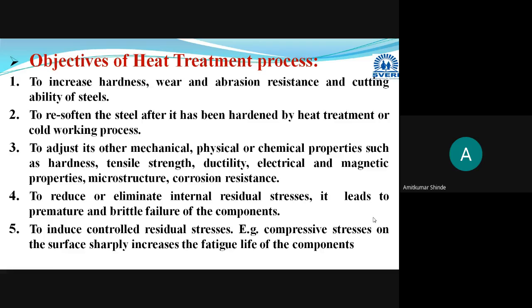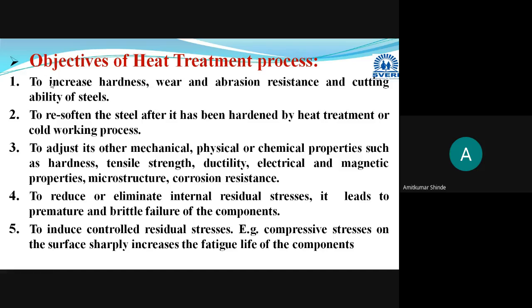Now, the first objective: sometimes we want to increase, suppose for a particular application you require better hardness, wear resistance, and corrosion resistance in that particular steel material. Then you can improve it by performing a definite heat treatment process. Here we are going to discuss the hardening process.